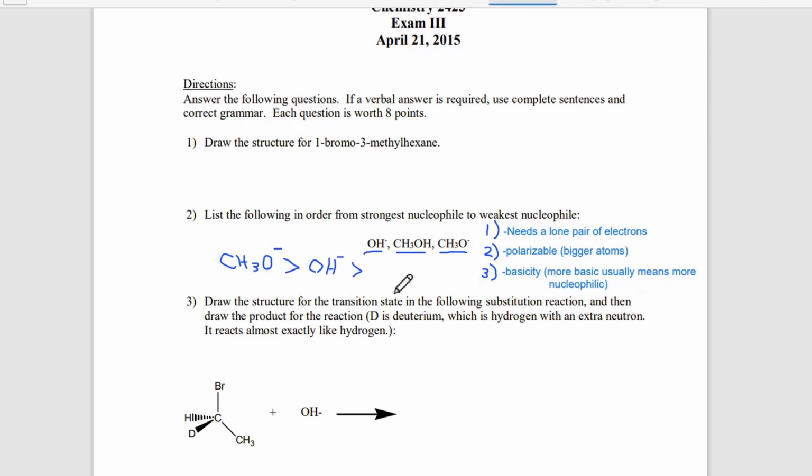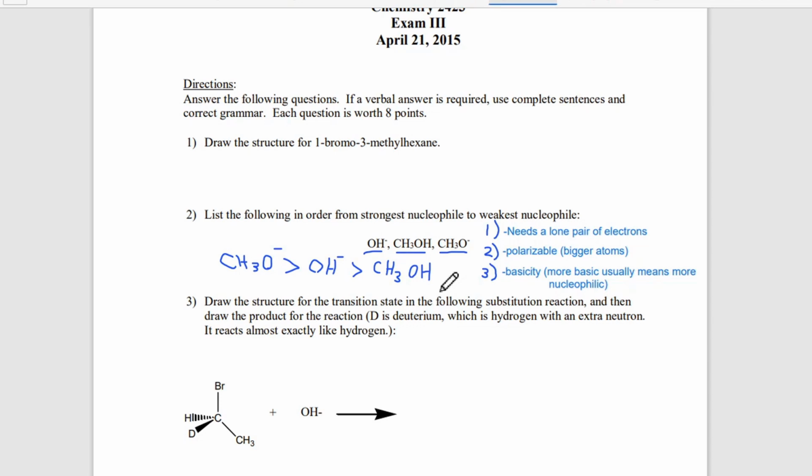And then the next strongest nucleophile is going to be the CH3OH, of course. So all of them have oxygen, all of them have a lone pair that they can donate. But if oxygen has a negative charge on it, it has an extra lone pair to donate, and it can donate without having a positive formal charge after it donates. So the most basic in this case is CH3O-. That's going to be the best nucleophile.